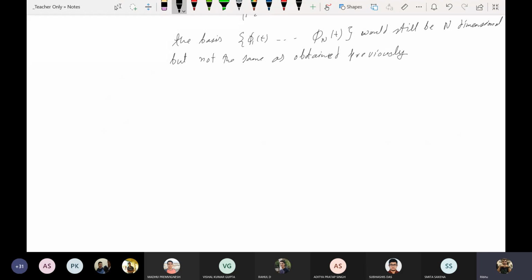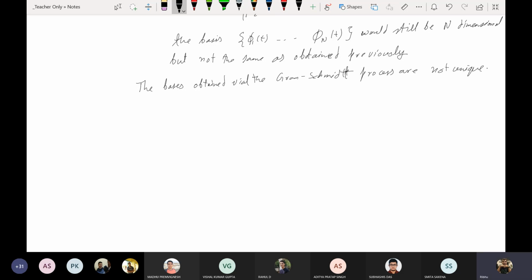So the point that I want to make here is that the bases obtained via the Gram-Schmidt process are not unique.